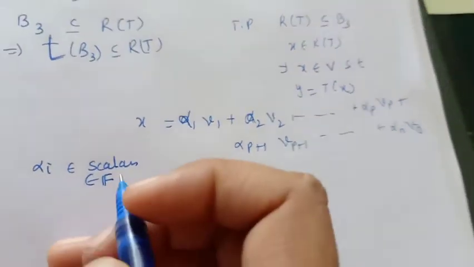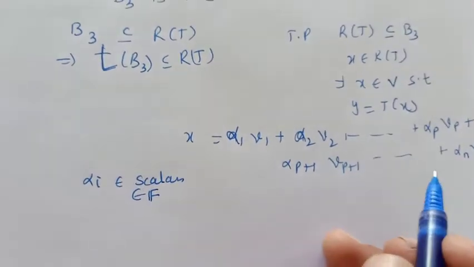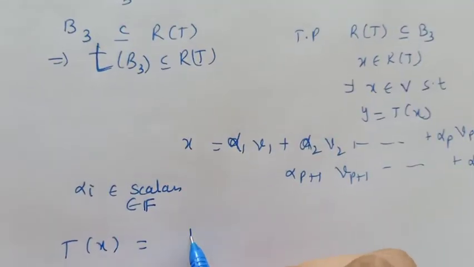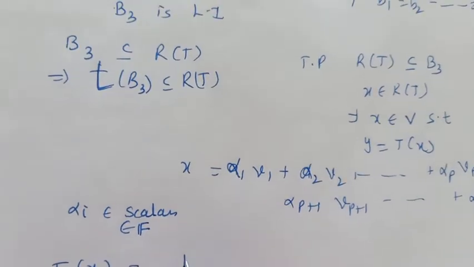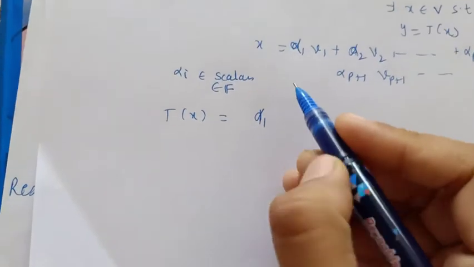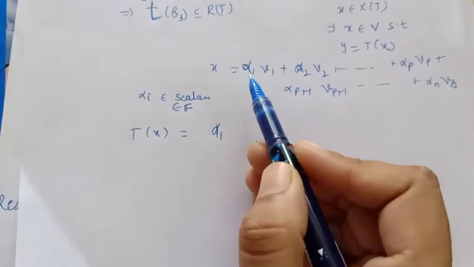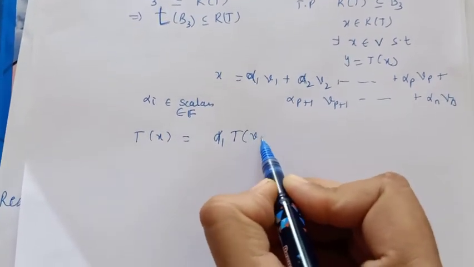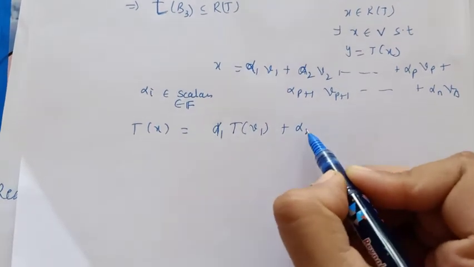Alright, now let us apply the linear transformation on both sides. So T(x): taking the linear transformation on both sides, as we know the scalars come out and the sum will be separated. So I am writing directly.